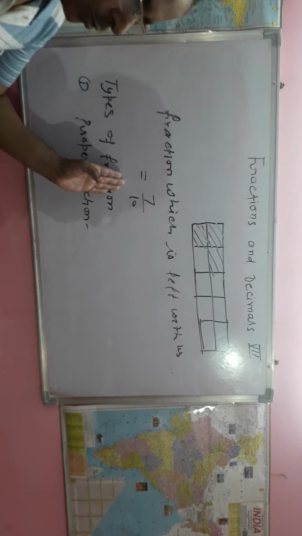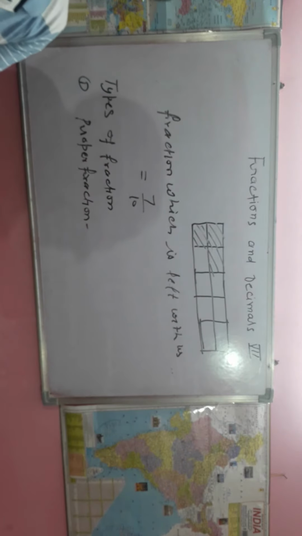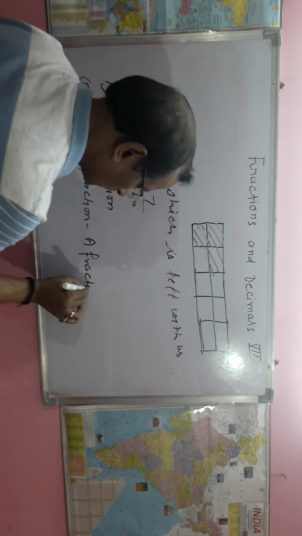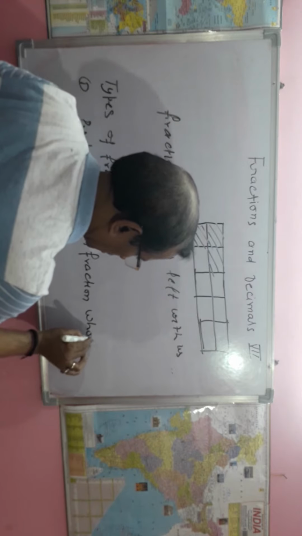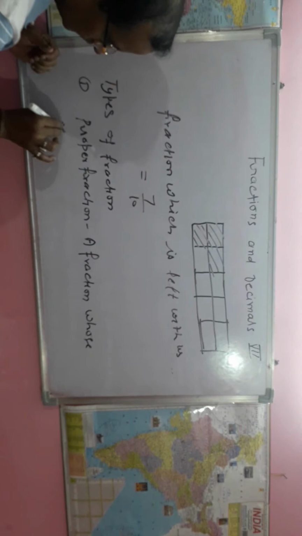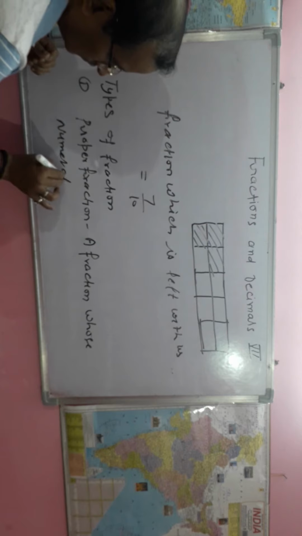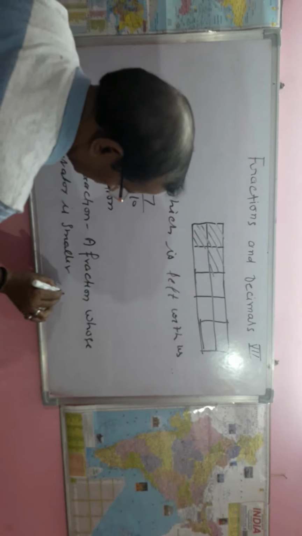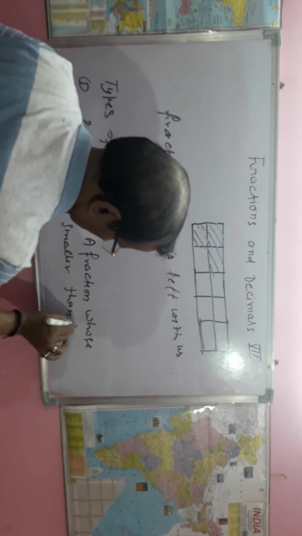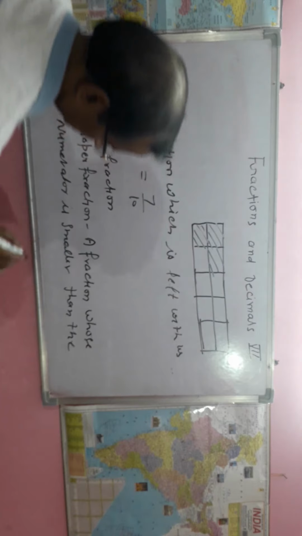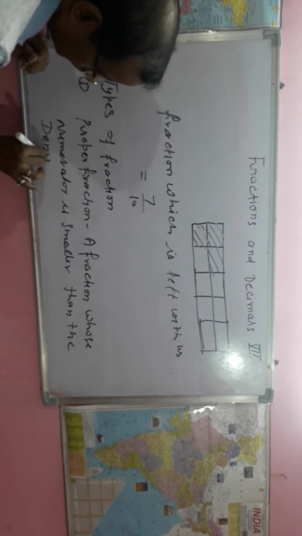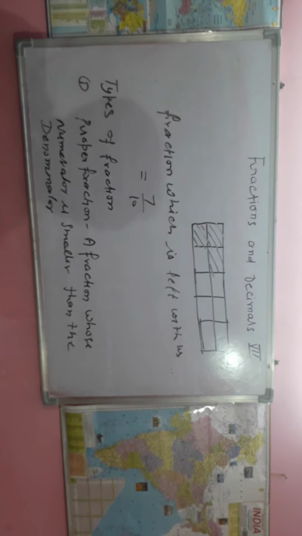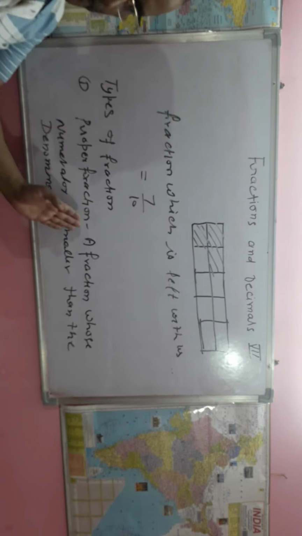A fraction whose numerator is smaller than the denominator is called a proper fraction.